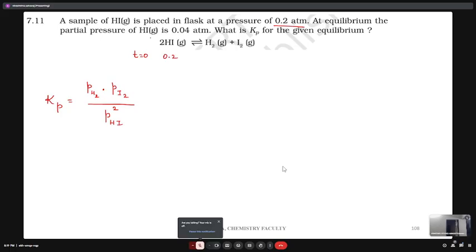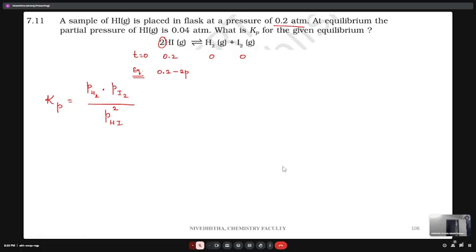Since this is at the initial stage, pressure due to hydrogen and iodine will be 0. But when the system is at equilibrium, pressure due to hydrogen iodide would have been reduced, right? Because a particular quantity of hydrogen iodide would have been involved in the chemical reaction. So the remaining pressure due to hydrogen iodide will be 0.2 minus 2 times p, right? Why have I written minus 2p? Because here 2 moles of hydrogen iodide were involved in the reaction, right, Kana?